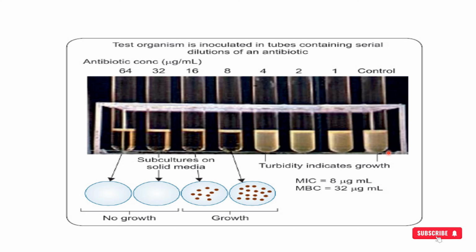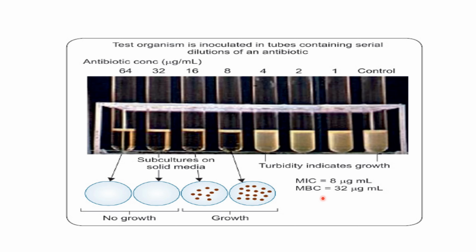This turbidity indicates the growth of the bacterium. This endpoint we consider as the minimum inhibitory concentration, that is 8 milligram per ml. The MIC is the amount of antimicrobial agent required to inhibit the growth of bacteria.